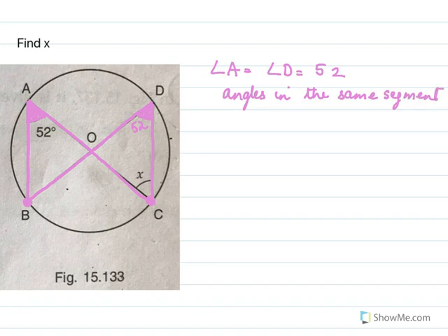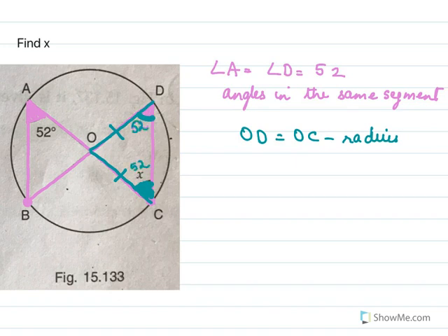Now for the next step, you know OD equal to OC, they are the radius. So OD equal to OC, radius. If the radii are equal, the angles also will be equal, which means if this is 52 here, this also will be 52.